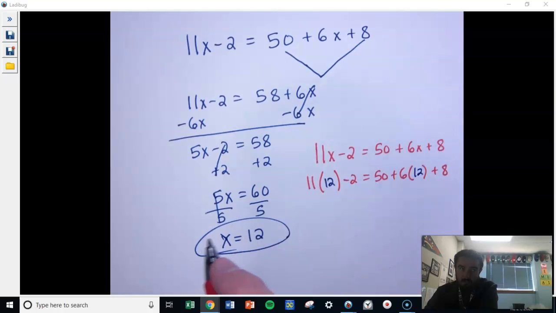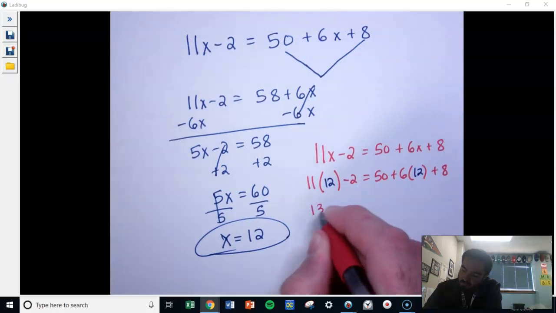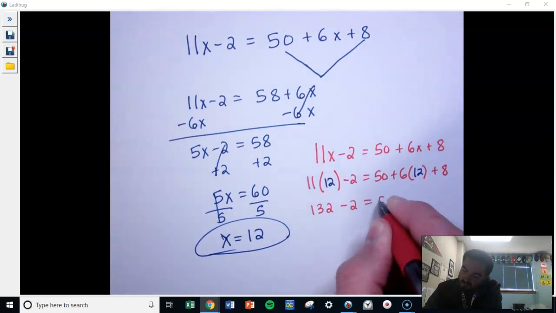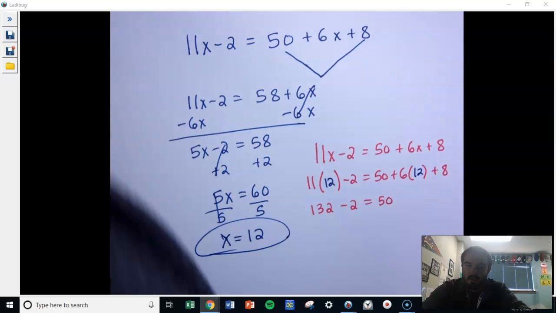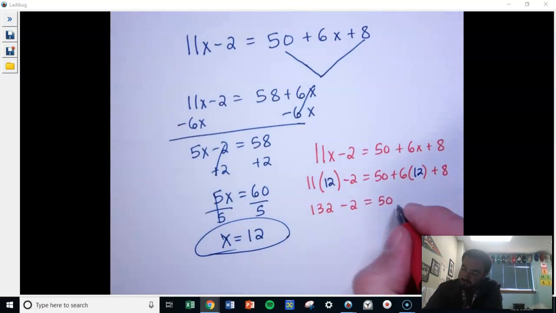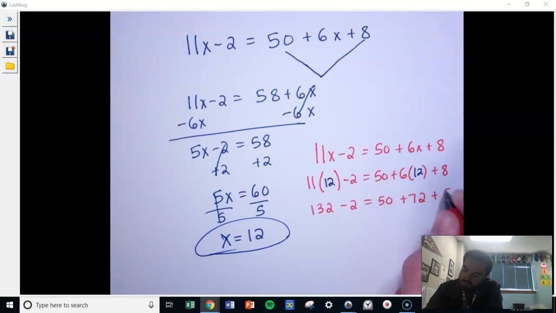So 11 times 12 would be 132 minus 2 equals 50. 6 times 12, put in your calculator, would be 72 plus 8.